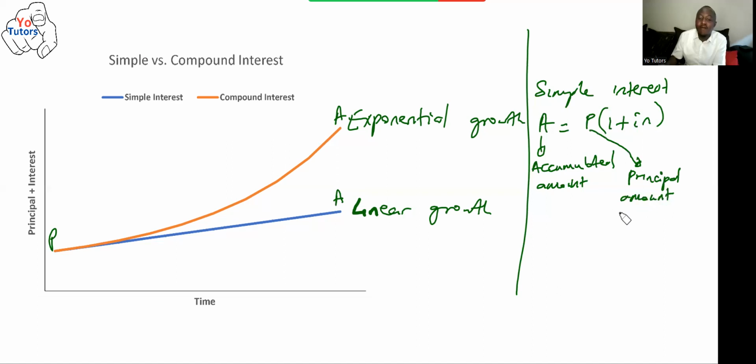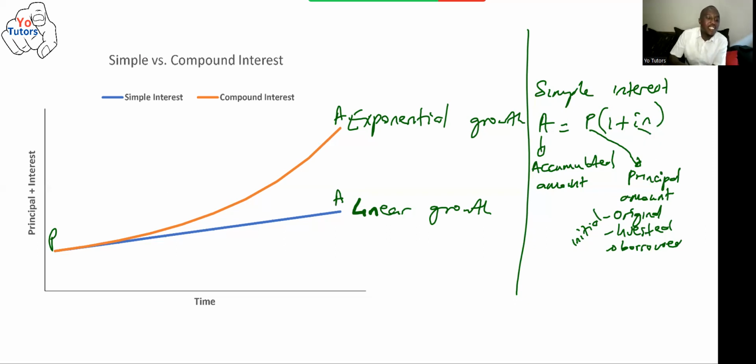P is the original amount, the original value, or the money invested, or the money that is borrowed. That's the initial amount. But what about i?